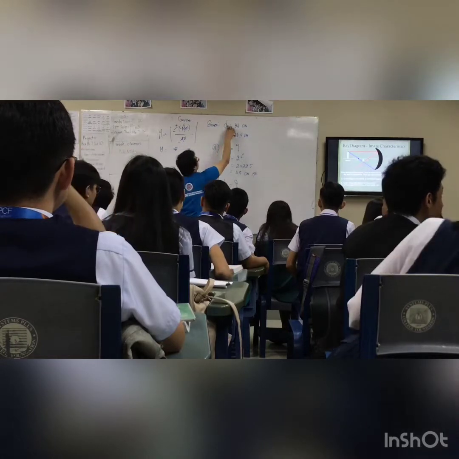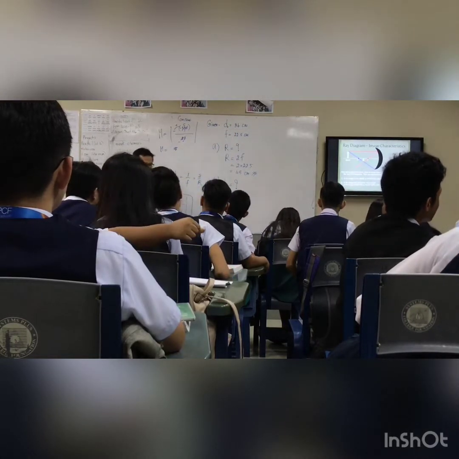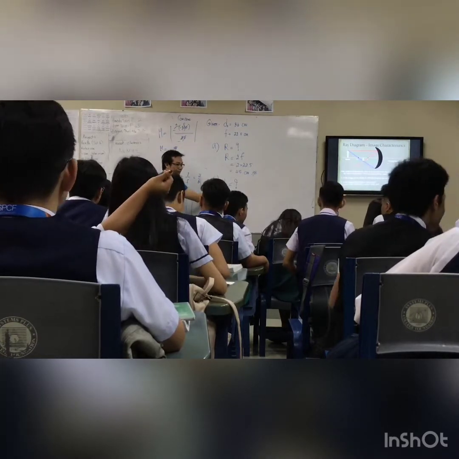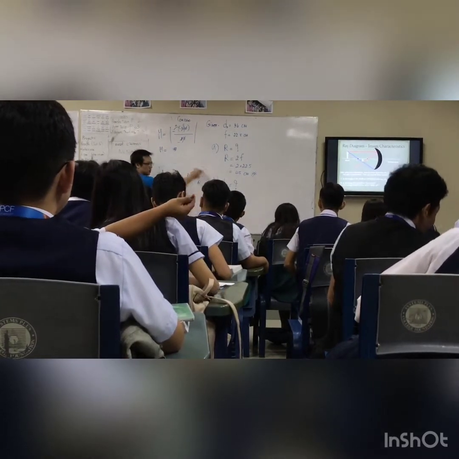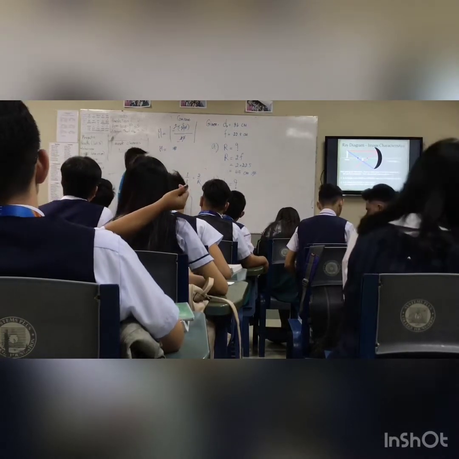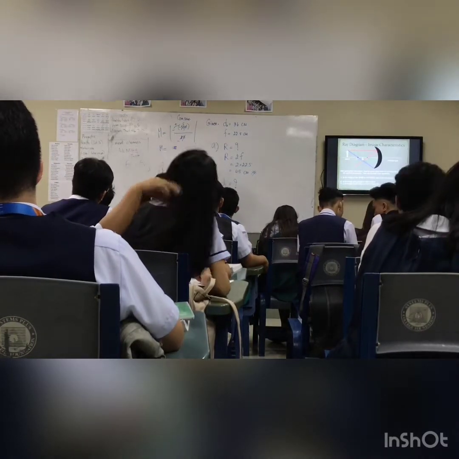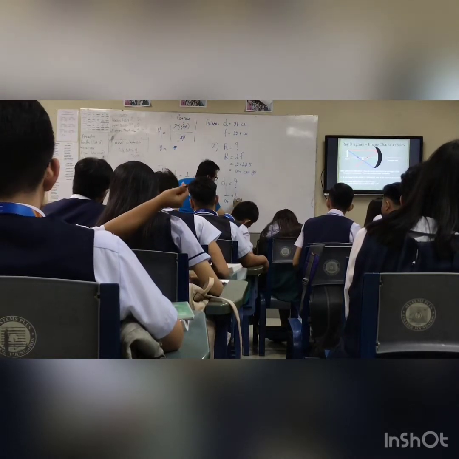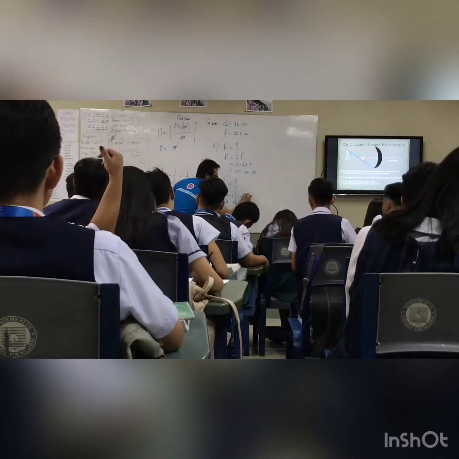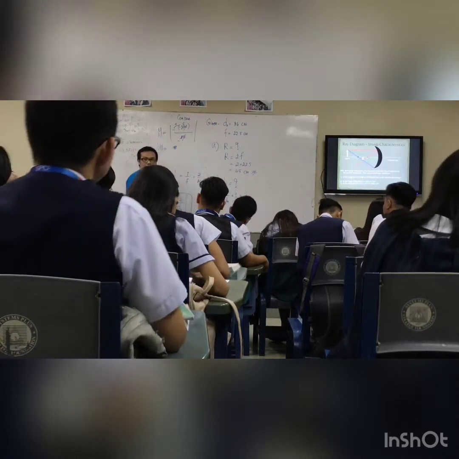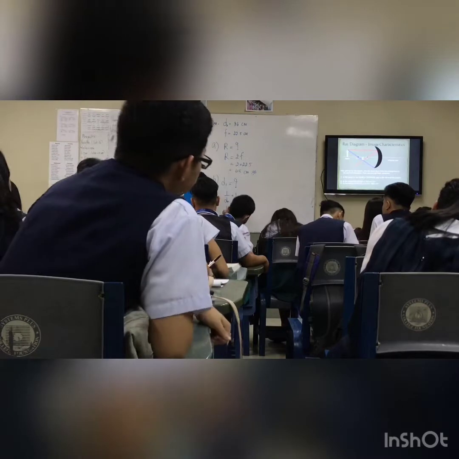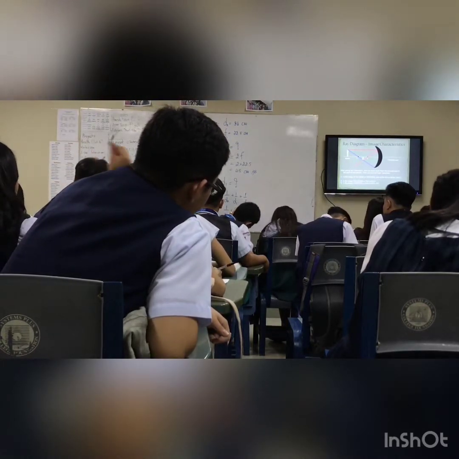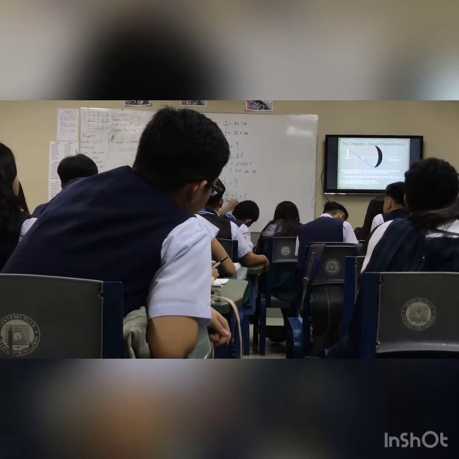Oh, it's DO, not DI, sorry. On DI, we use this equation: 1 over DO plus 1 over DI is equal to 1 over F. And DO is 36, and DI we have to find.